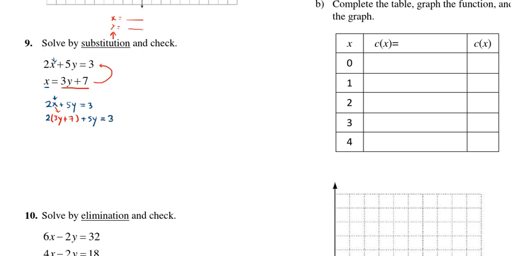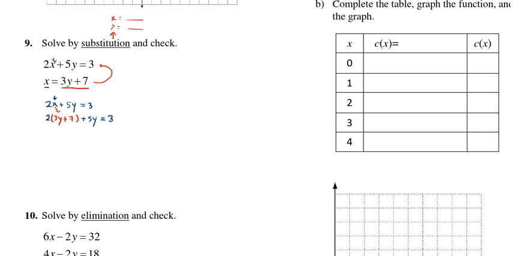Notice that once we do the substitution, the variable x doesn't exist anymore because it was replaced by this part. So the equation that remains here is an equation with only one variable, in this case, the variable y. So we solve this equation by doing any steps that requires us to do in order to solve the equation.